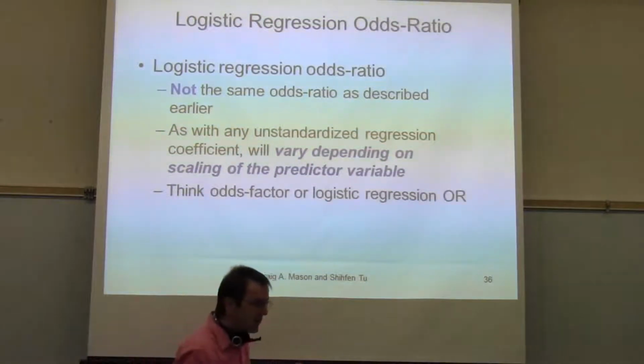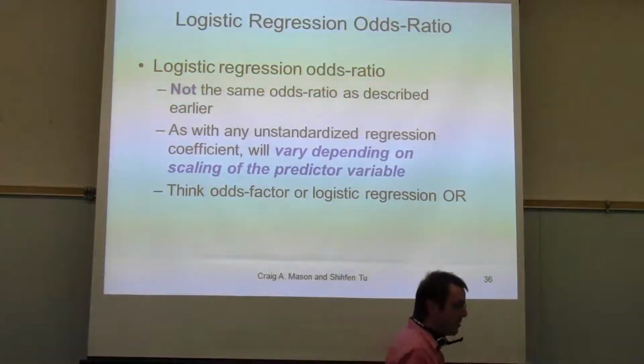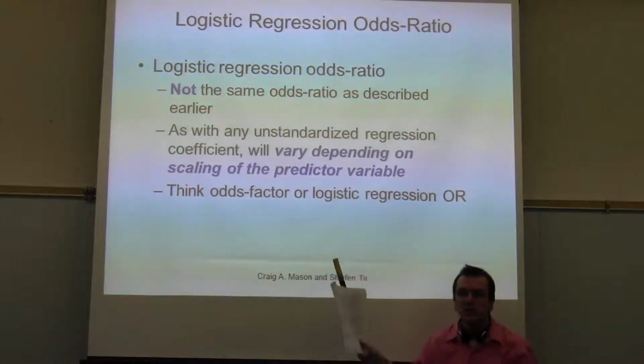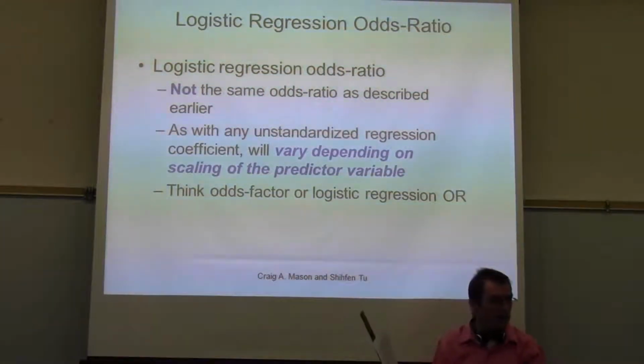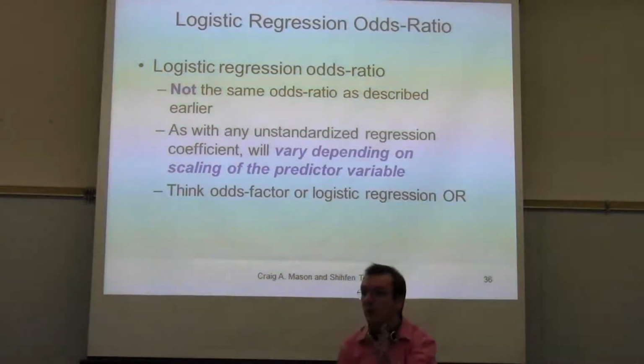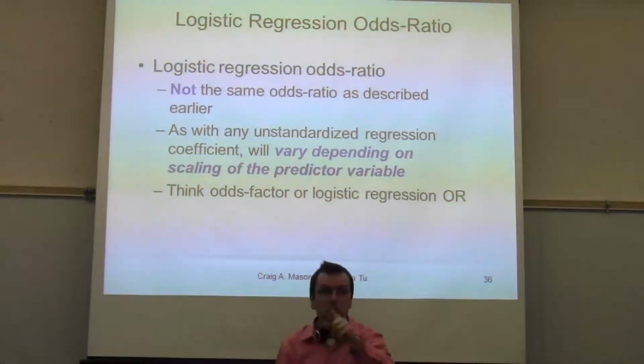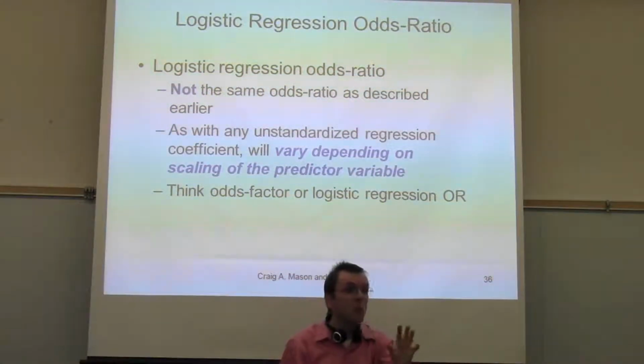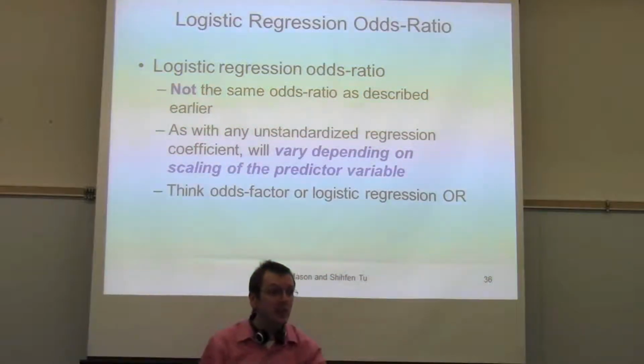If it was up to me, we would pass a law and always refer to these as logistic regression odds ratios. Because the odds ratio before was very clean. There was no arguing. The parent dropped out, didn't drop out. There's no scaling issues of what's a 1 unit increase. Do you mean a 1 unit increase in years of education? Hours of education? A 1 minute increase of education?